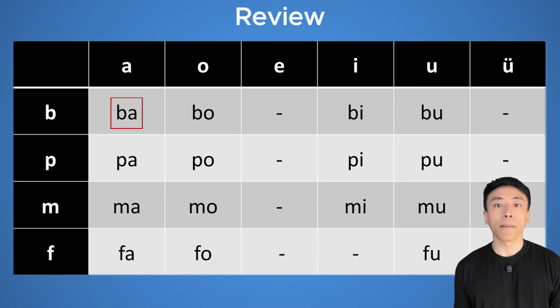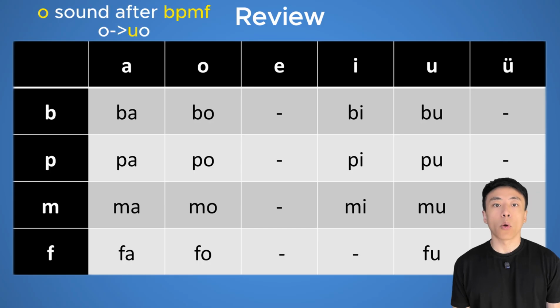A, ba, pa, ma, fa. Repeat. Ba, pa, ma, fa. O. Remember the rule to pronounce wo after bo, po, mo, fo. Repeat.